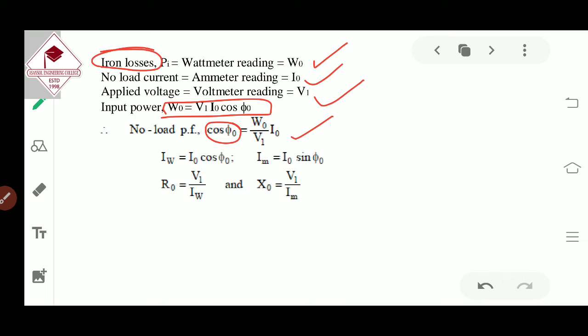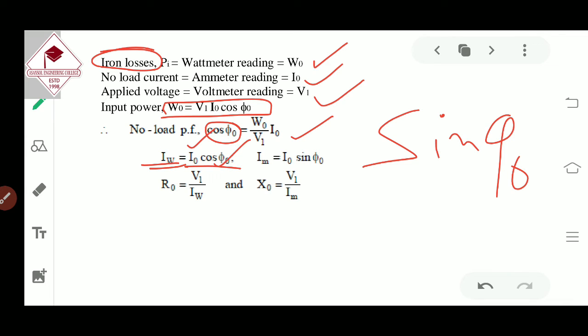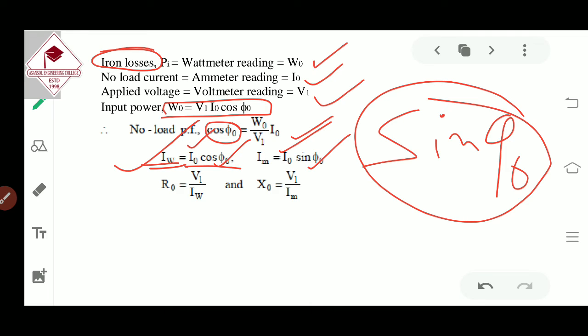If you know this cos phi naught, that is no load power factor, we can easily find sin phi naught also, right? Now see this IW, that is working component of current. The formula is I0 cos phi. We know I0, we know cos phi, we can easily find this IW. Similarly, the magnetizing component Im is equal to I0 sin phi, where I0 is known from the ammeter reading and sin phi we can easily find from the cos phi naught.